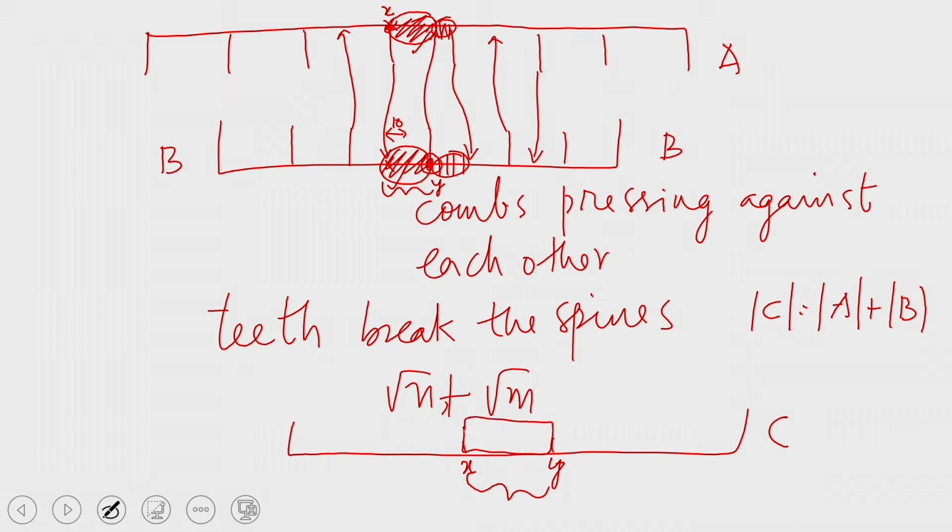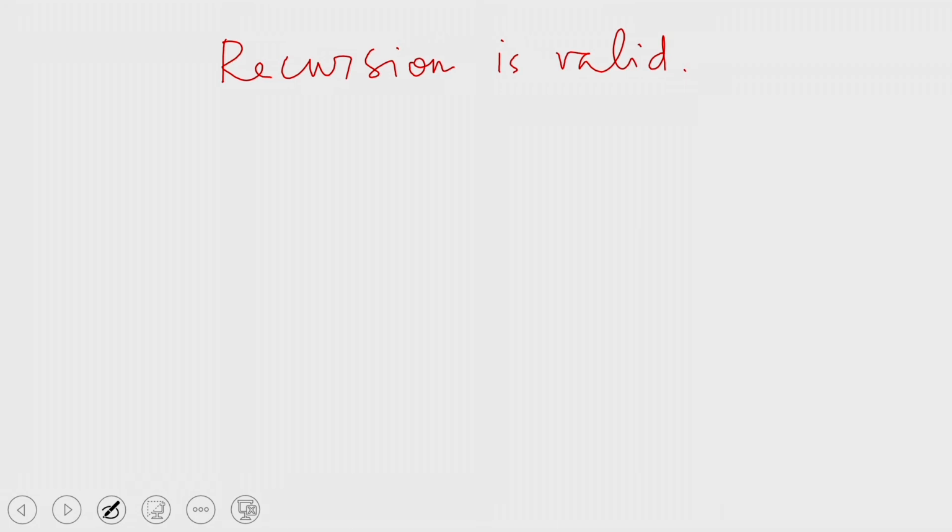That is, in the recursive invocation, the argument corresponding to C will now be this particular subarray, the subarray between x and y in C. Therefore, we conclude that the recursion is valid. So, now let us see what is the running time of the algorithm.